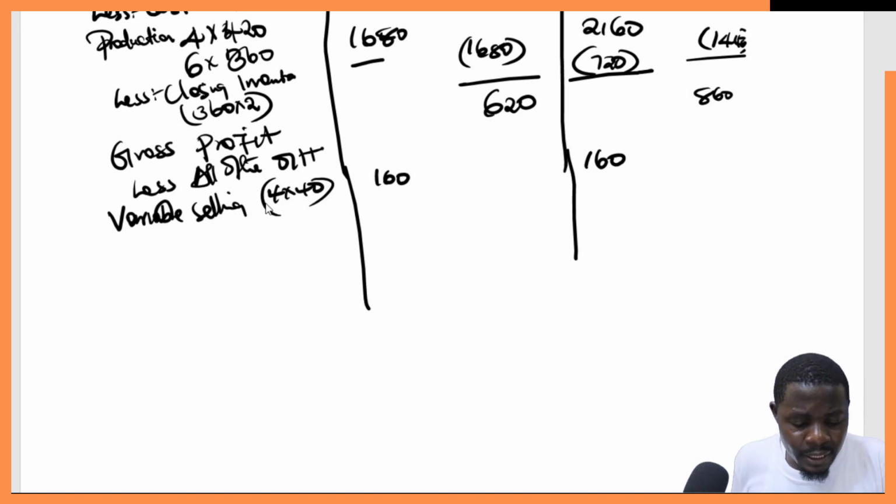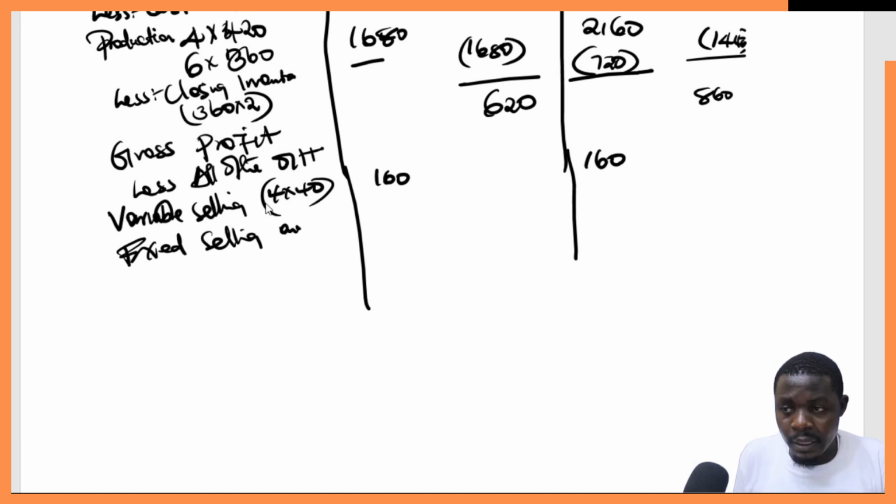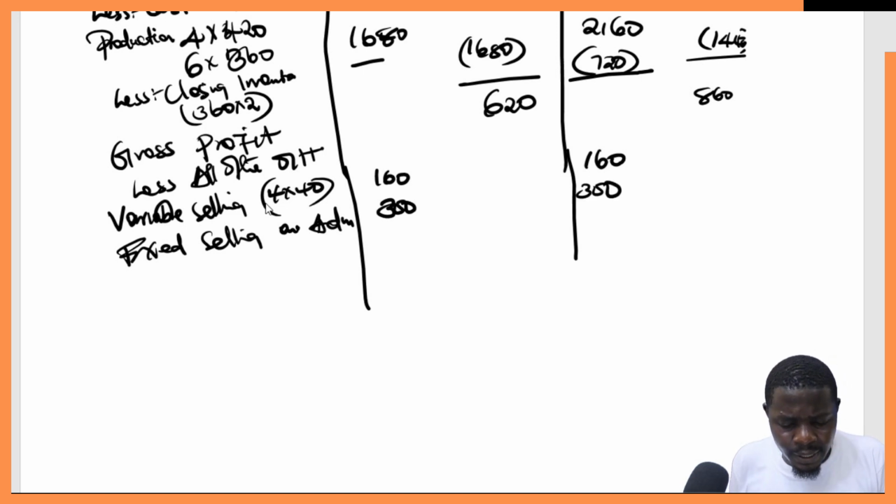Then we are told another thing. Fixed selling and administrations, here is 300. Here is 300. Anything else from the list that we might forget?